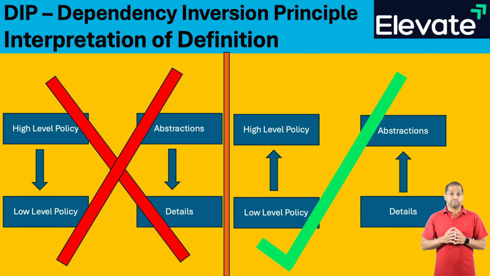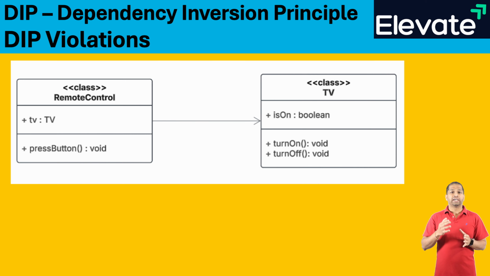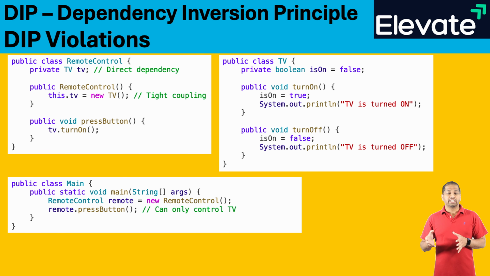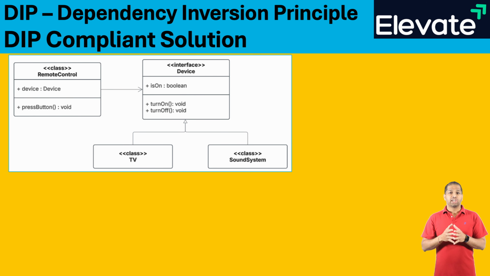the other way around. Before we dive deeper, let's start with a simple example of DIP violation. Here we can see remote control being dependent upon TV. What we actually want is a mechanism to control a device without relying on a concrete implementation like TV. So we can introduce a device interface which the remote control will depend on.